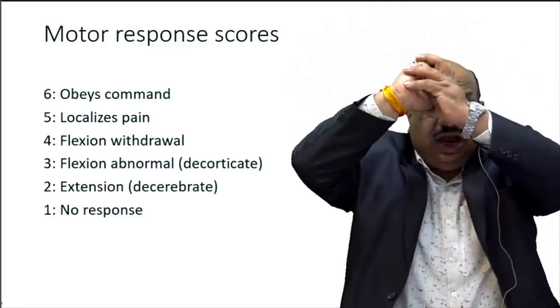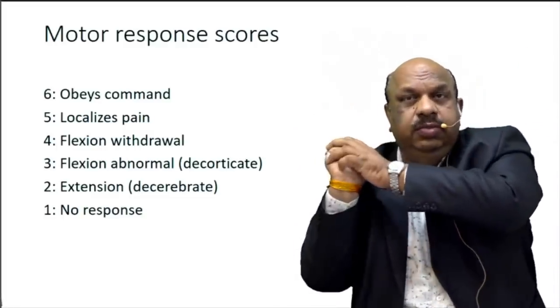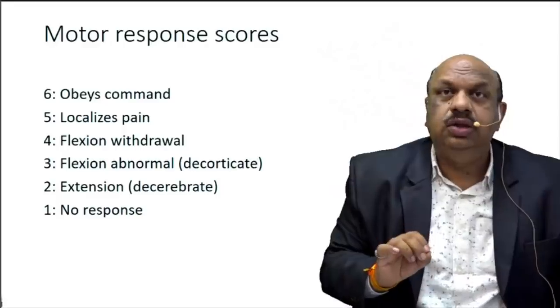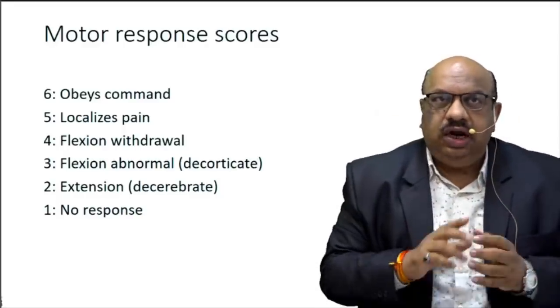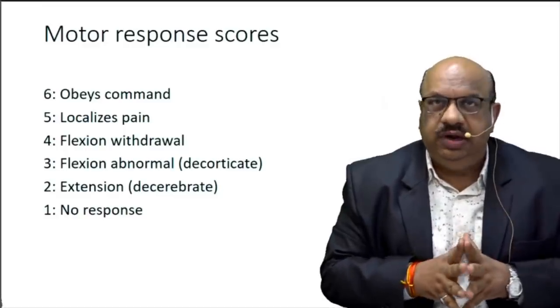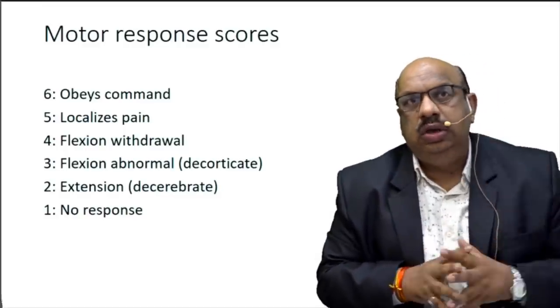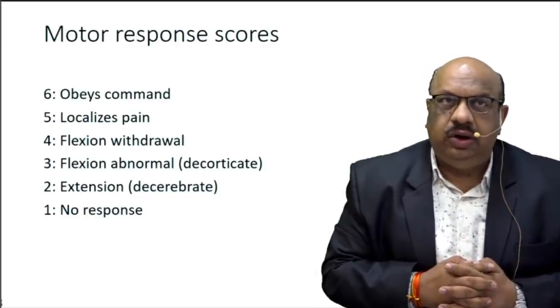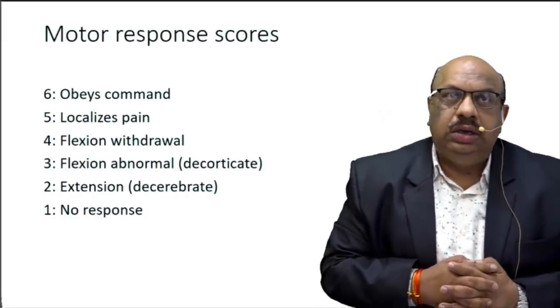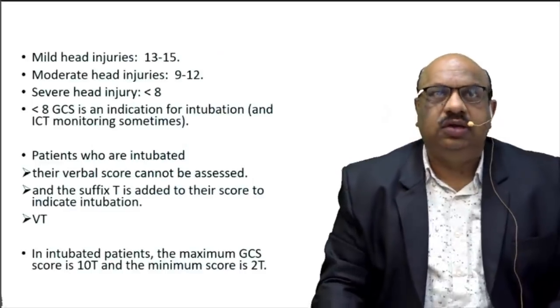But if he brings his hand and tries to move my hand away, it means he's able to localize where the painful stimulus is being given. That's M5. And M6 is obeys command. So no response, extension which is decerebrate, flexion which is decorticate, flexion withdrawal, localizes pain, and obeys command.